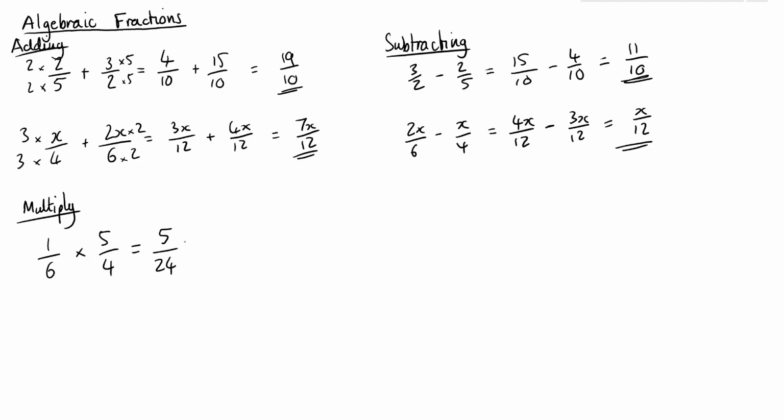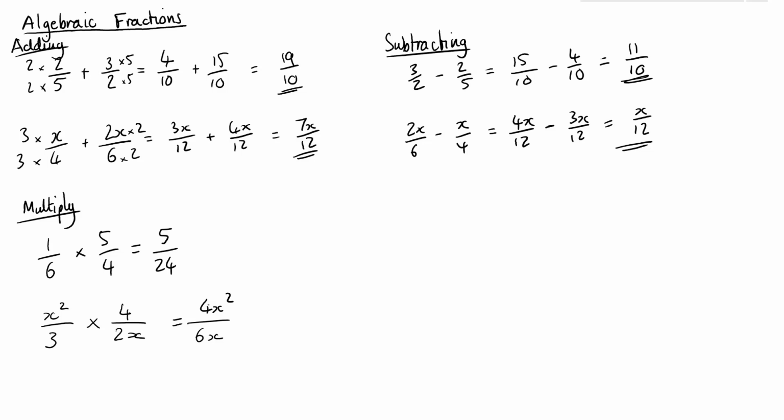Same exact thing for multiplying algebraic fractions. Let's say we had x squared over 3, and then we had multiplied by 4 over 2x. In this case, we multiply tops together, we get 4x squared divided by 3 times 2x gets 6x. This time we can simplify a little bit.